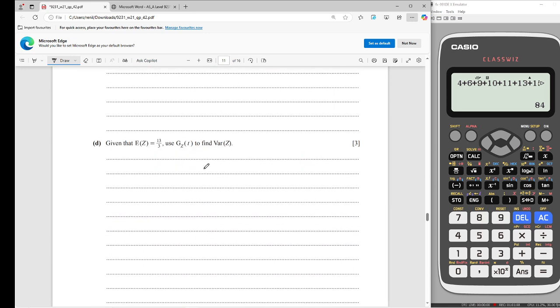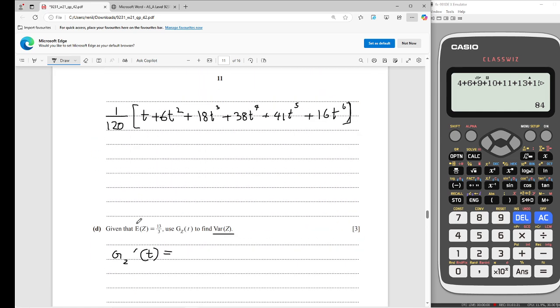Now they're going to ask us to find the variance of z. Very simple again. So let's just differentiate z with respect to t. We need to differentiate it once. And they've already given our expected value, so it's not going to be much of a hassle really.